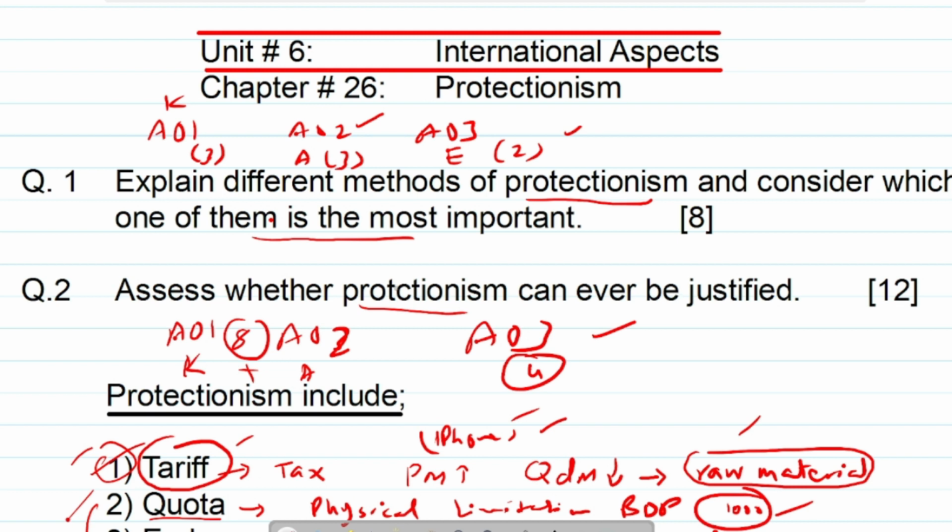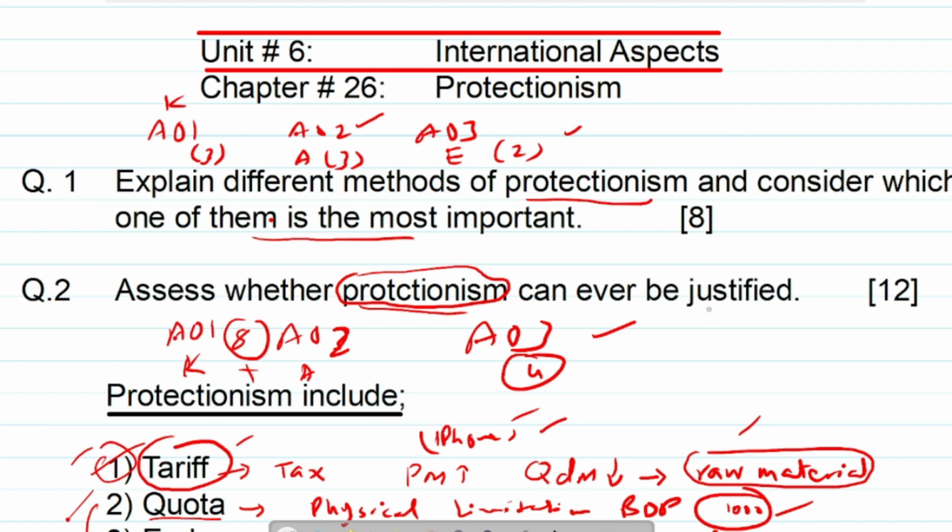So again, you will say how protectionism can be justified. You will again define what protectionism is and how protectionism can be justified, like these methods, tariff, quota, embargo, how they can help the local young industry and aging industry to flourish further, how it protects employment in the local industry and helps the government economically grow.